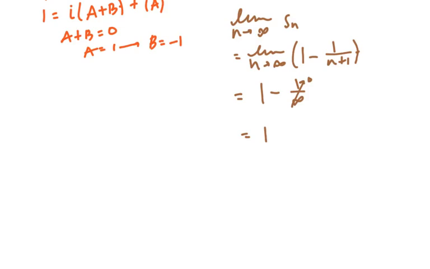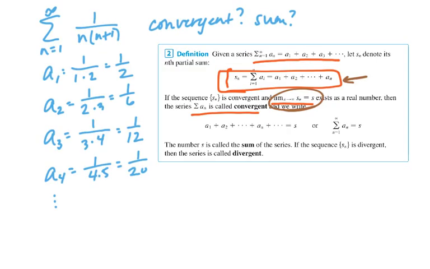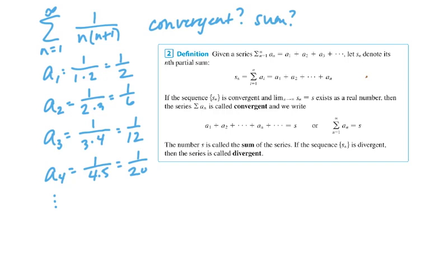So since we have a limit, let's go back. When you look at this, we looked at the partial sum here. We got it to be convergent. And then the limit exists as a real number. So the series is convergent, and the sum equals S. And S is the sum of the series.